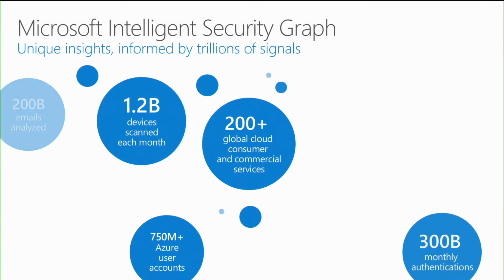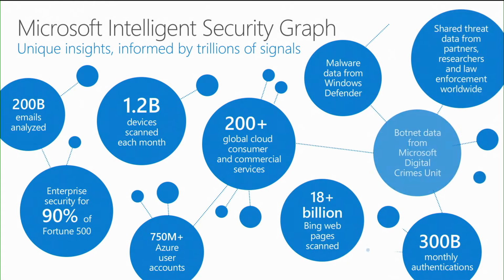So last piece is threat protection. Microsoft Cloud App Security's threat detection is enhanced with Microsoft's Intelligence Security Graph. Microsoft has a vast amount of security intelligence coming from a variety of different cloud and on-premises services. We have more than 200 global cloud consumer and commercial services across the board.